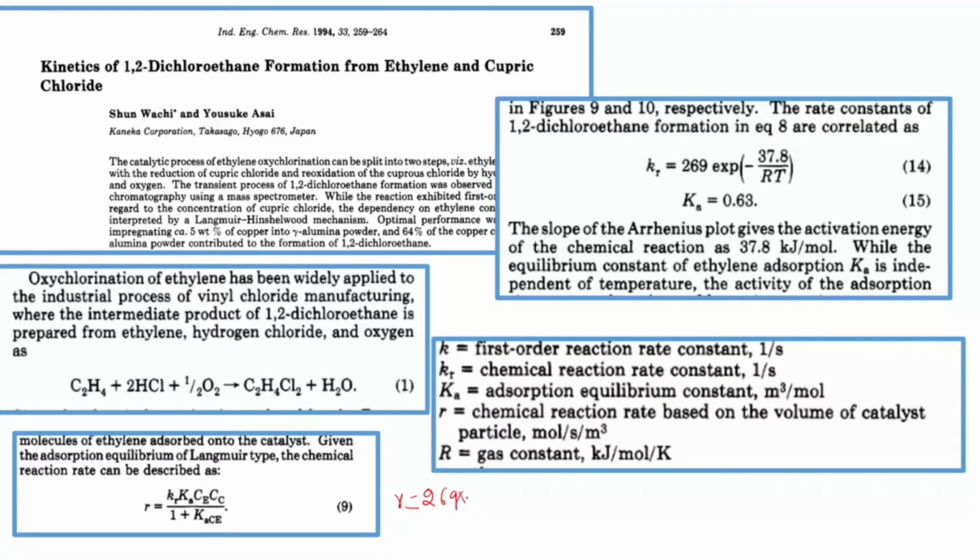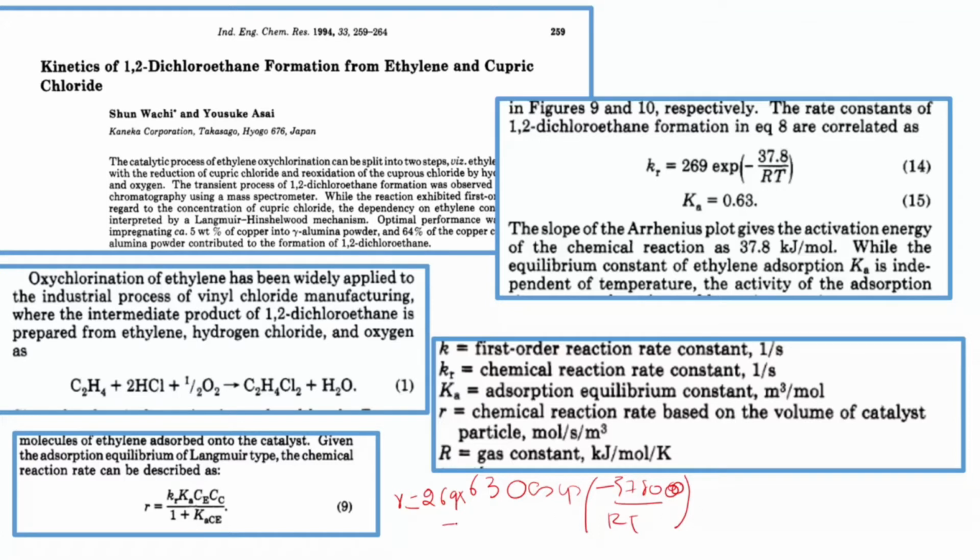Multiplied by the Ka value, which is 630 meter cubed per kilomole, and then exponential of minus 37800 by RT. I think this is fine.